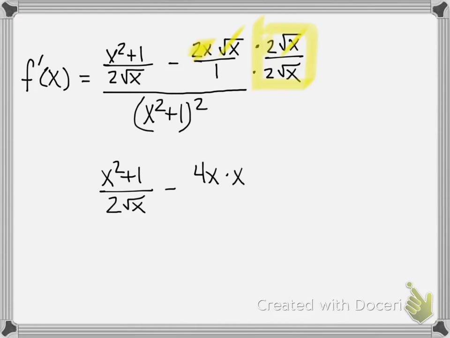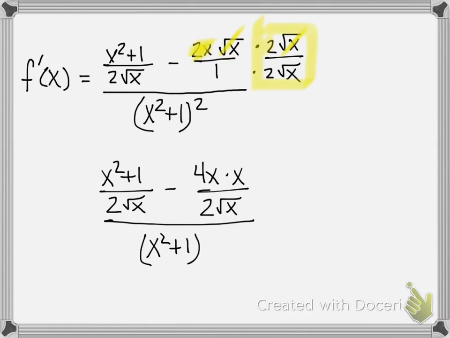So it's going to be x over 2 radical x over x squared plus 1, squared. Alright, so the 4x times x, I'm just going to go ahead and write that as 4x squared. Alright, so right here, in the numerator on top, we have an x squared plus 1 minus 4x squared. And we can do that because the denominators are the same.